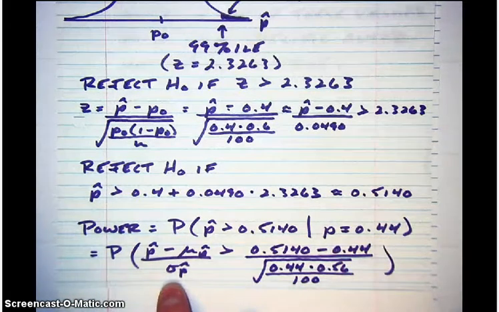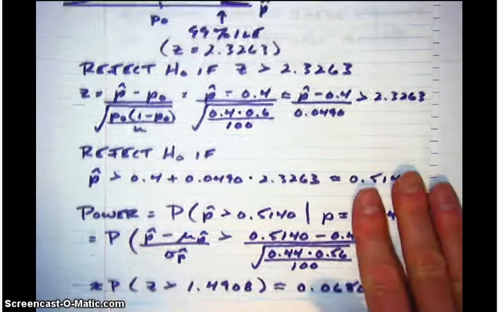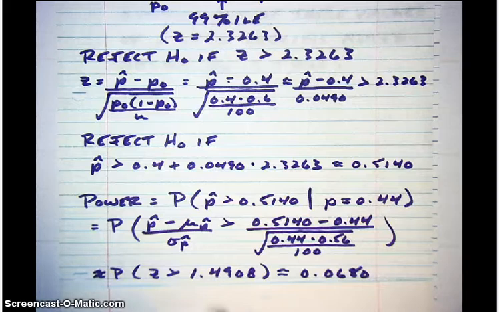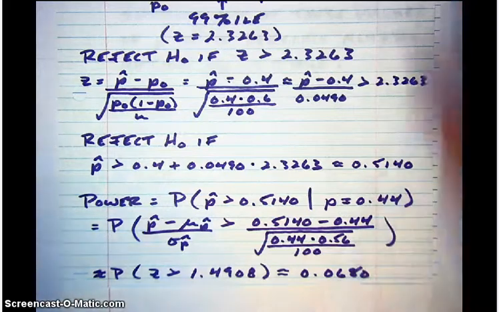Subtract the mean, divide by the standard deviation on both sides. We can use 0.44 for the mean and 1 minus 0.44 in here, and then the sample size. And when we calculate this, anytime we get a z that's bigger than 1.4908 under this calculation, we would reject the null. That's only going to happen about 6.8% of the time.